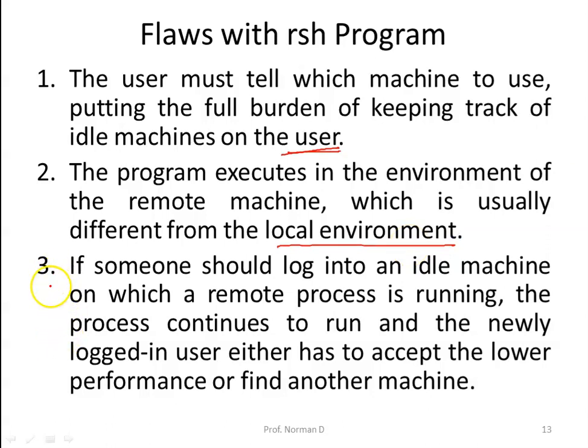And the third flaw is that if someone should log into an idle machine on which a remote process is currently running, then the process will continue to run, and the new user who has logged into the system has to work with lower performance or find some other machine. So these were the flaws with the RSH program.